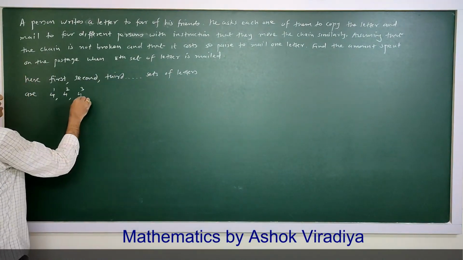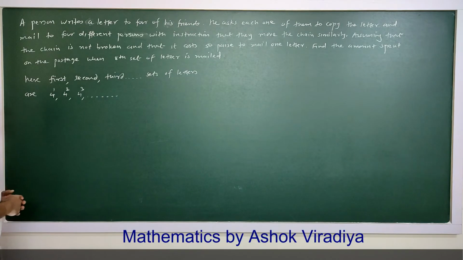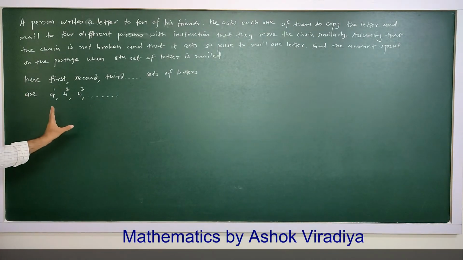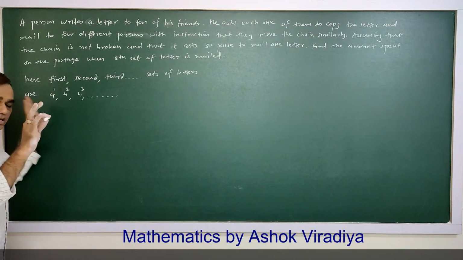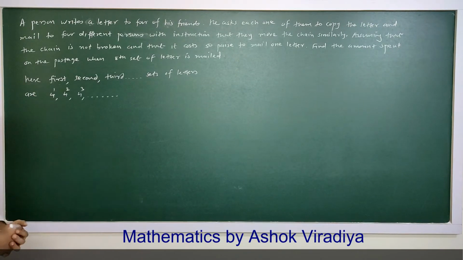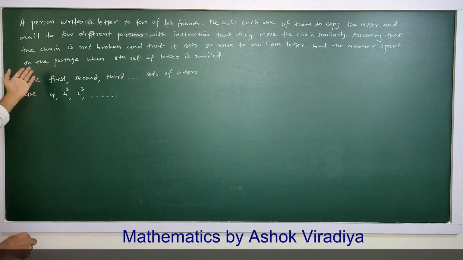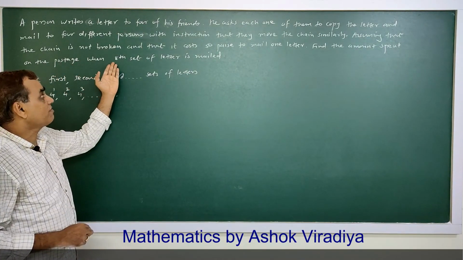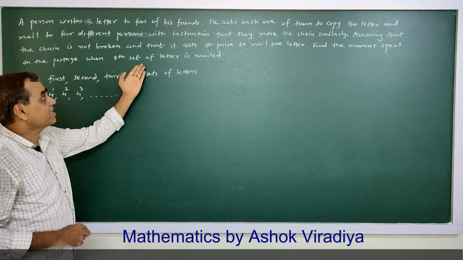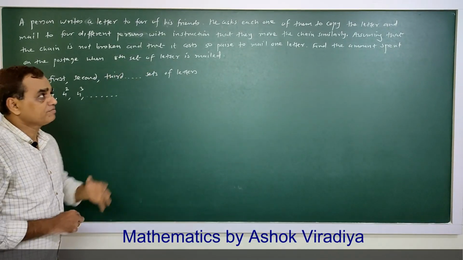Like that, these are the sets of letters sent by this unbroken chain. Now we are asked to find the cost up to the 8th set. What is the cost when 8 sets of letters are mailed?